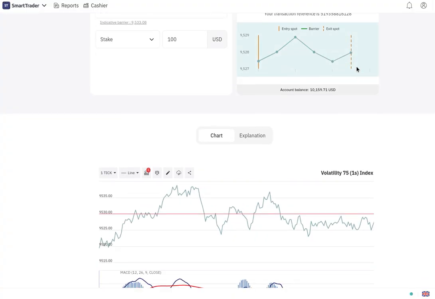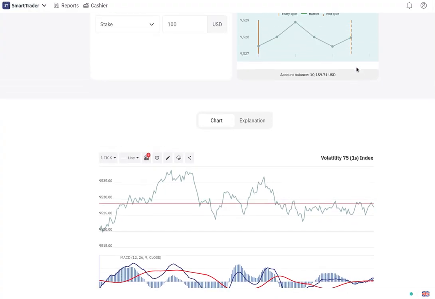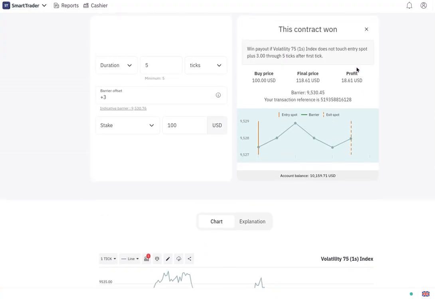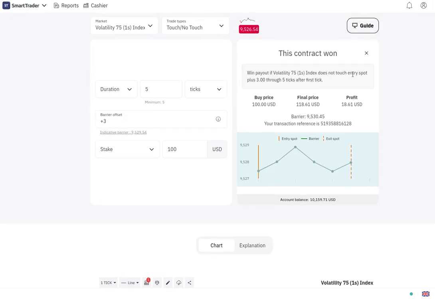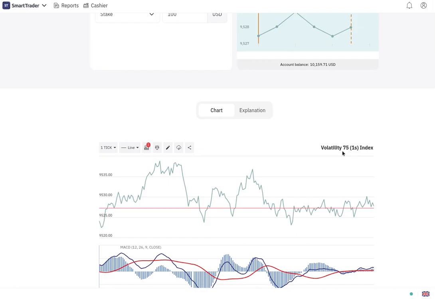You see, that's a one trade. That's a one trade. That's a one trade. $18 profit. Let's go. Going for another trade.